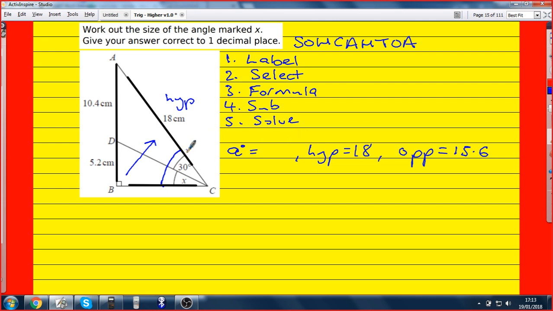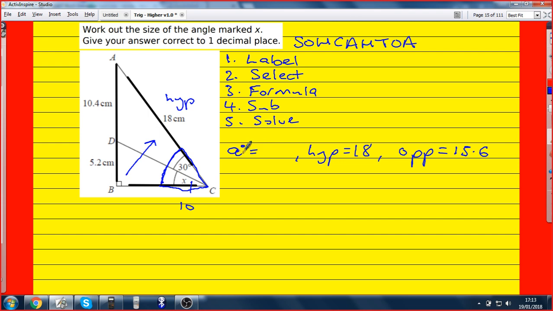So if we knew that, let's say x was 10, what would be the big blue angle? X plus 30, so it'd be 40 degrees.